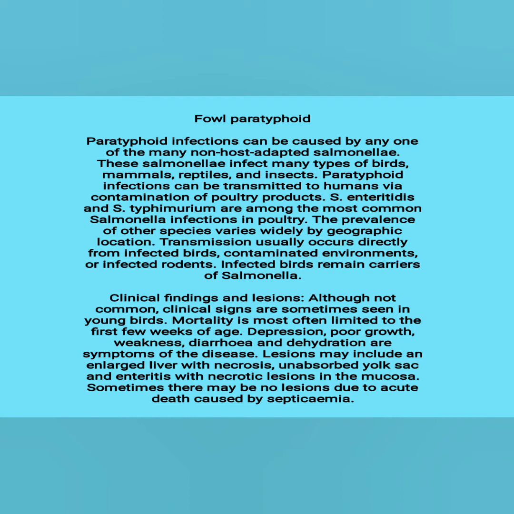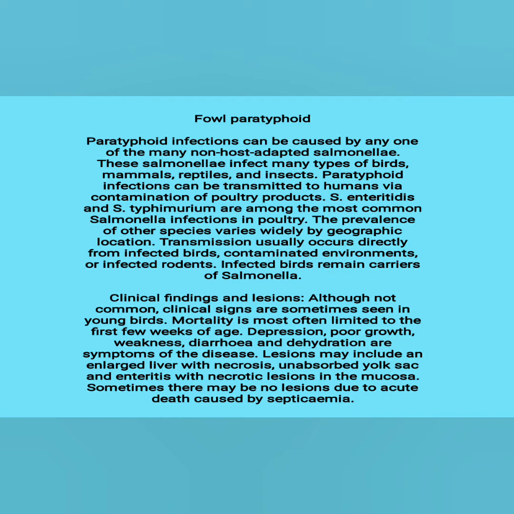Transmission usually occurs directly from infected birds, contaminated environments, or infected rodents. Infected birds remain carriers of salmonella. Clinical findings and lesions. Although not common, clinical signs are sometimes seen in young birds. Mortality is most often limited to the first few weeks of age.